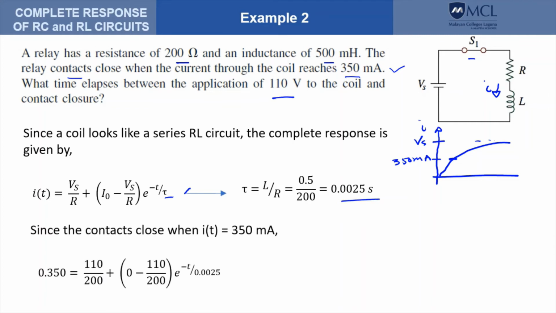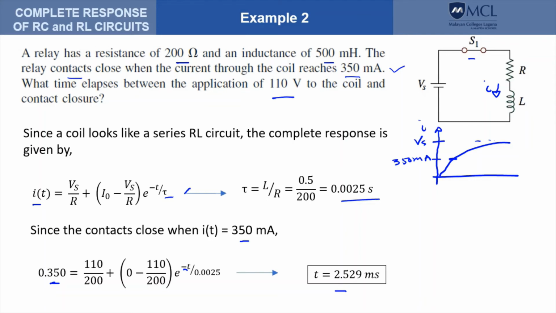Since the contact closes at 350 milliamps, we can substitute that value here for I and then compute for the time that the current becomes this one. That will give us this answer here. So it's 2.5 milliseconds.